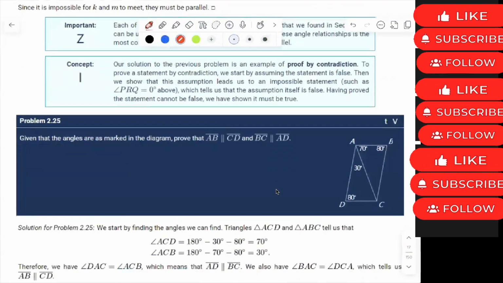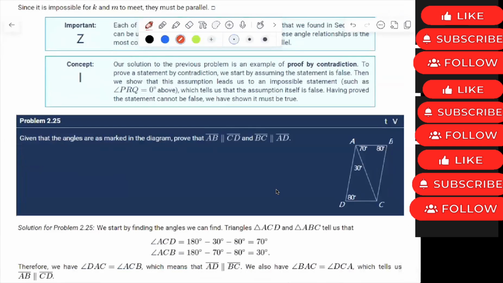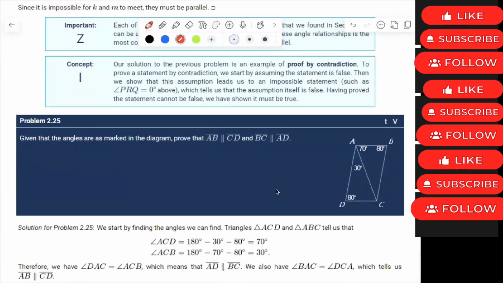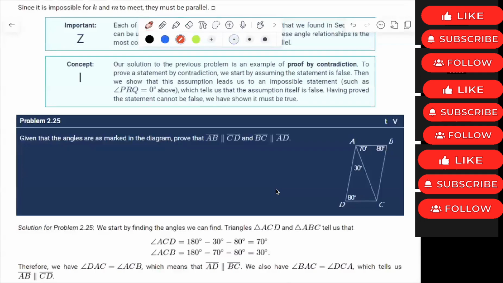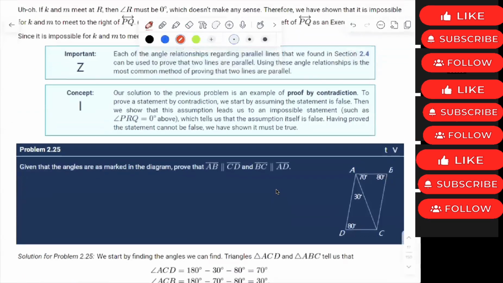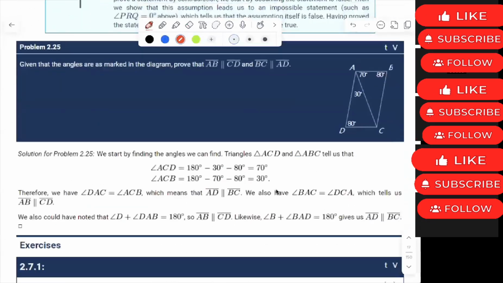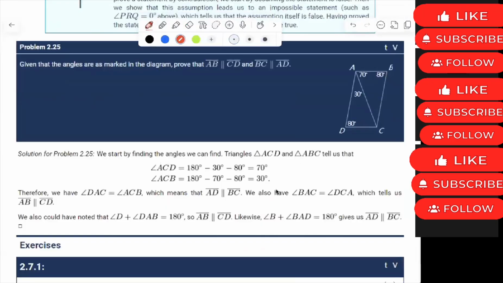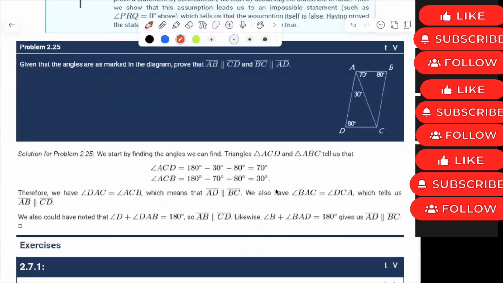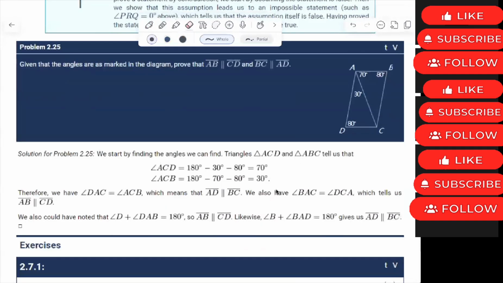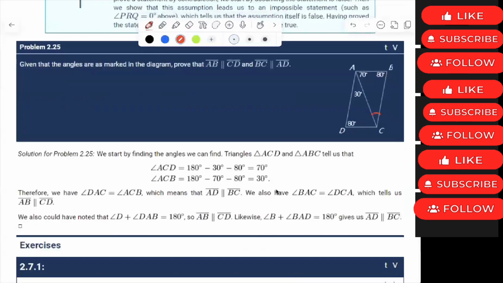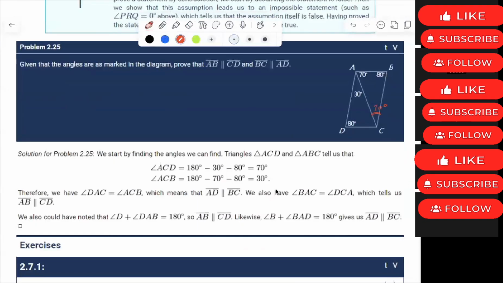And then this applies it. AB is parallel to CD. Well, how do we prove that? We can prove that this is parallel because this angle is 30 degrees, and this is also 30 degrees. How do we know this is 30 degrees?